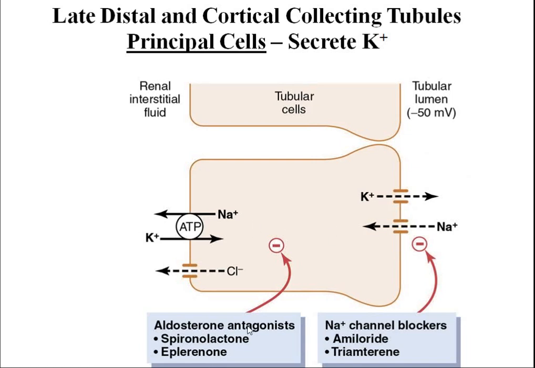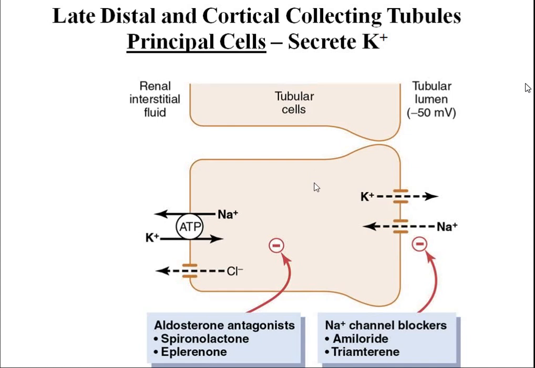If aldosterone is obliterated, or aldosterone antagonists are given, this particular activity will not be performed. Either we can give a sodium channel blocker, or if we obliterate the aldosterone or an antagonist of aldosterone is given, then this particular transport will be affected. As a result, this will also act as a diuretic, because sodium is an important ion which is being reabsorbed, which will not be reabsorbed here. So this will also act as a diuretic.